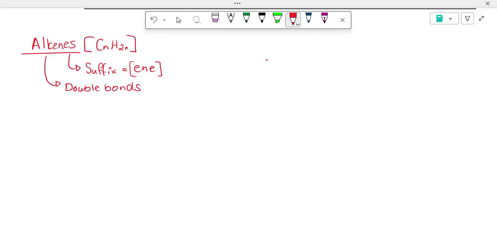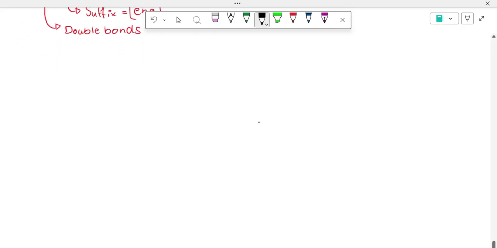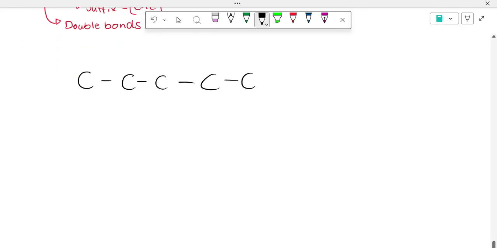Okay, so let's have a look at the first IUPAC name. Right, so the first IUPAC name is what we're going to be looking at now. So now I have a compound here of alkene, right?